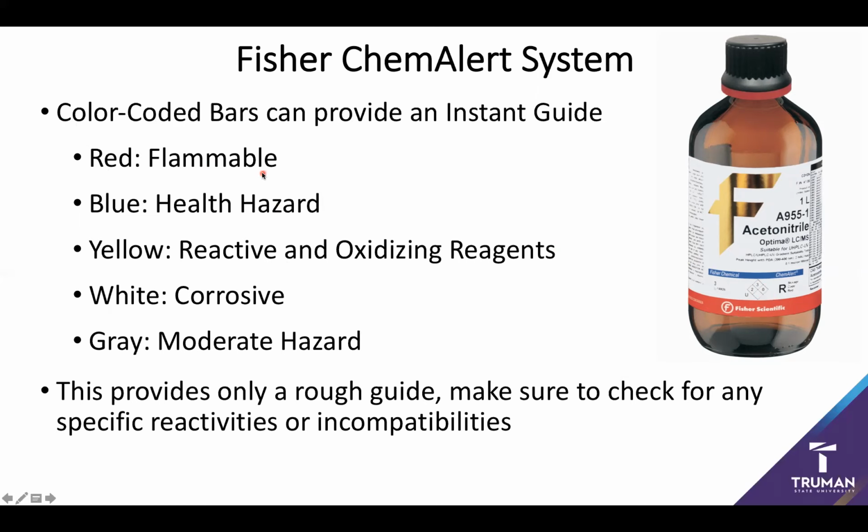And so we don't have a lot of information conveyed, but we have a certain subset of the information conveyed well. One of the other things that you should watch out for is the fact that not all companies will make use of this color system, so you may not always have the ChemAlert system to fall back on. And the final thing that you should watch out for is that bottles are frequently reused, as demonstrated with the mislabeled isopropanol bottle.